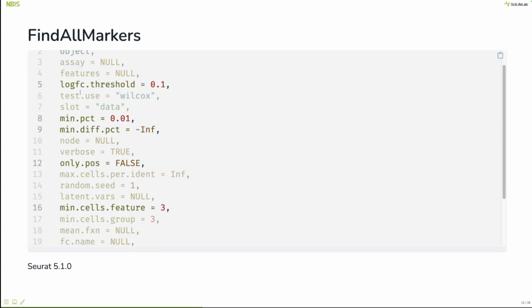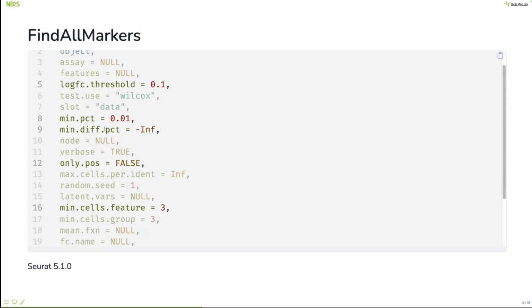And then you have some parameters where it's mostly just to speed up your process. You can filter the genes from the start, saying that I'm only interested in genes where there's a log fold change of at least 0.1, where it's expressed in at least 1% of cells in either group, those kinds of things.